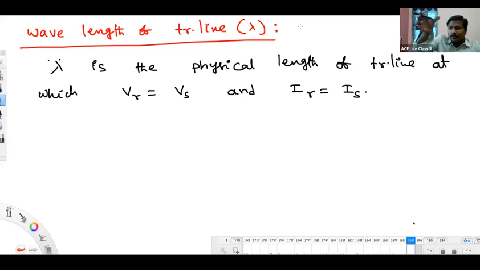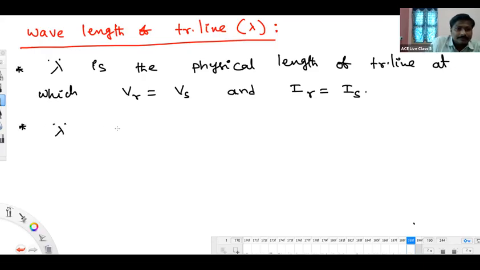Or in another way, it is a period above which the wave is going to be repeated. But the period you have to measure in the form of length, maybe in meters or kilometers.